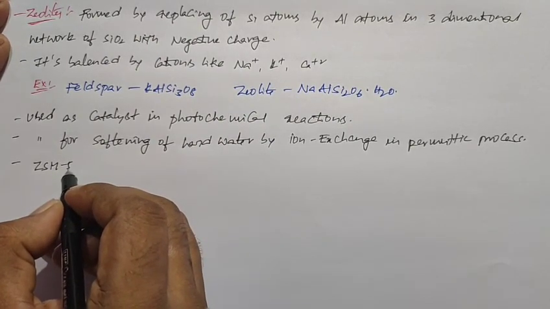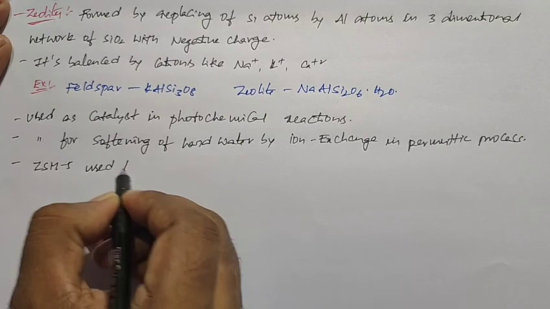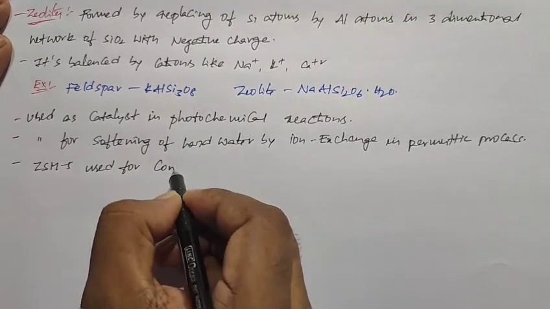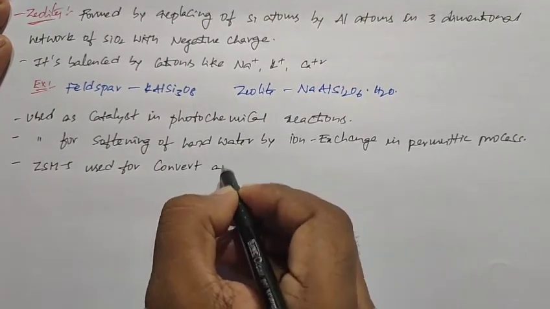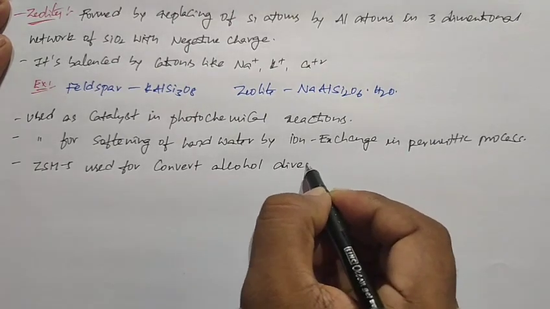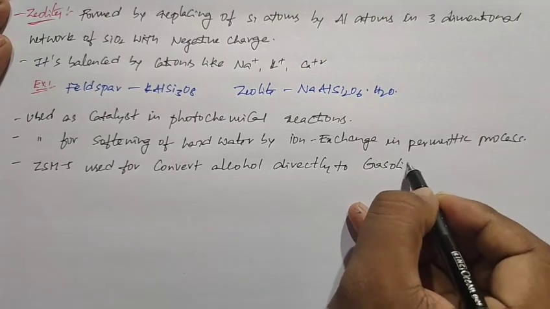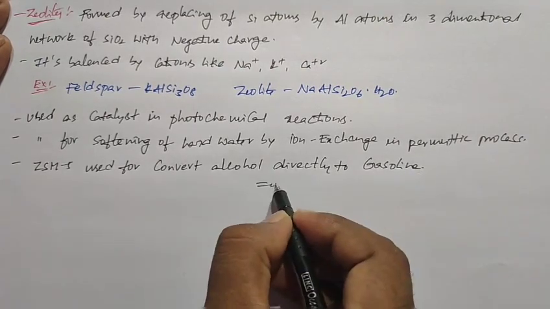ZSM-5 is used for converting alcohol directly to gasoline. So these are the uses of zeolites.